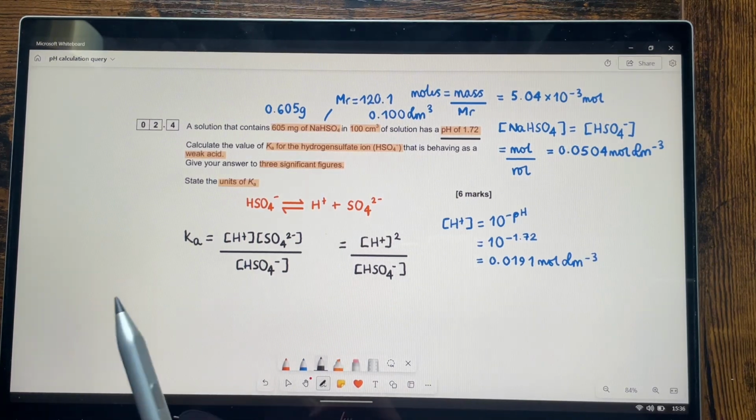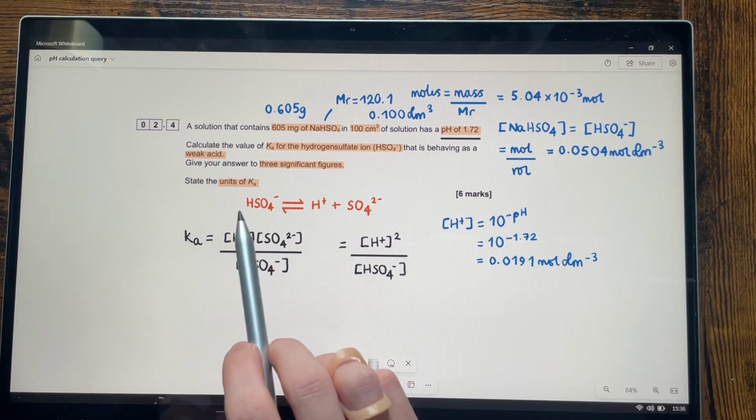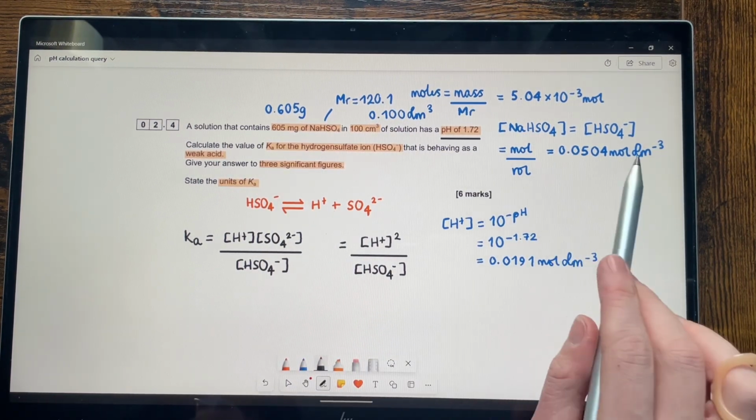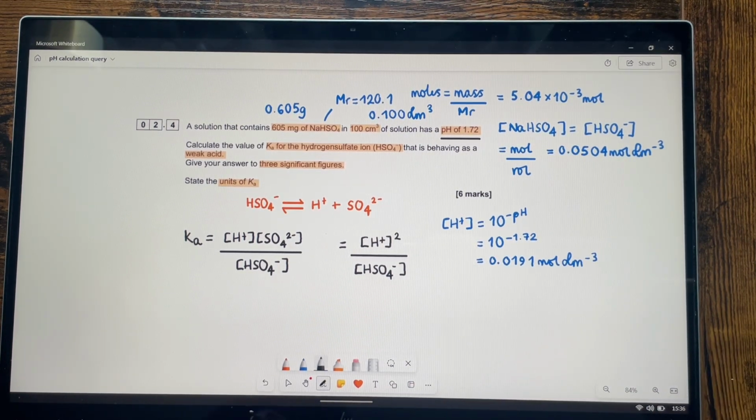So the change to the initial concentration would be really, really small. So to make life a little bit easier for us, we just say, well, we're going to assume that this stays essentially the same, even after dissociation.